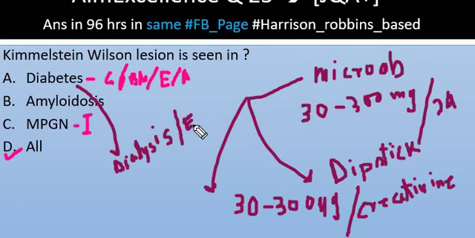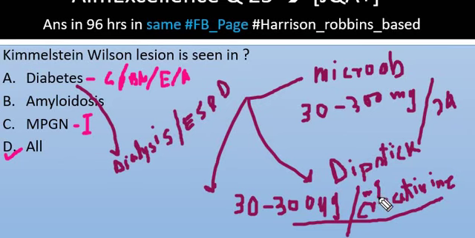So microalbuminuria, by on-spot collection of urine, by doing the 30 to 300 microgram of albumin per milligram of creatinine, is the major criteria to diagnose the condition.